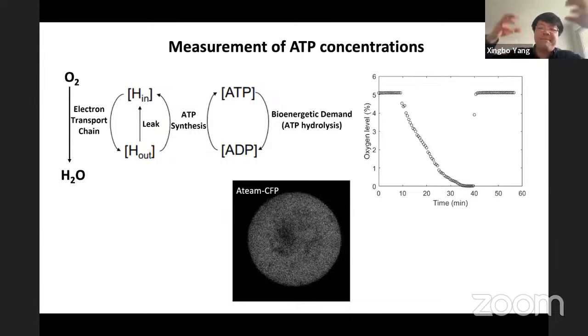So by using competitive binding of ATP and ADP, they can actually probe the ATP-ADP ratio, and that's what changes the readout of the sensor. I don't think I have that in this slide, but we've actually been using that to do research. So that exists. Thank you.